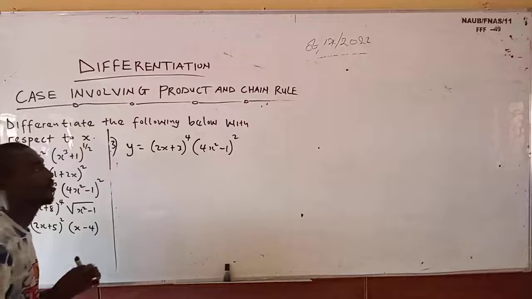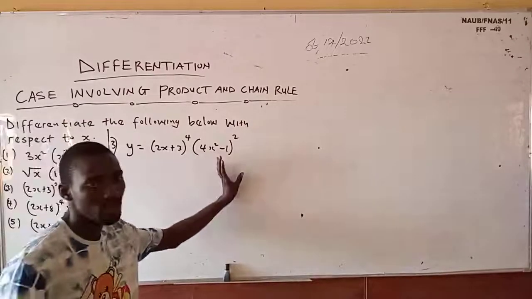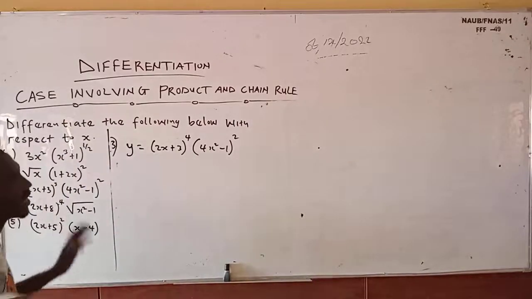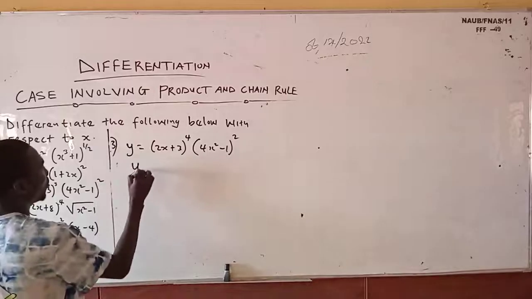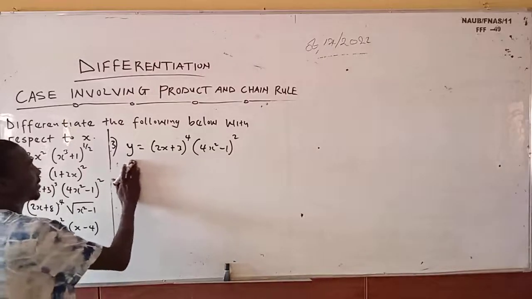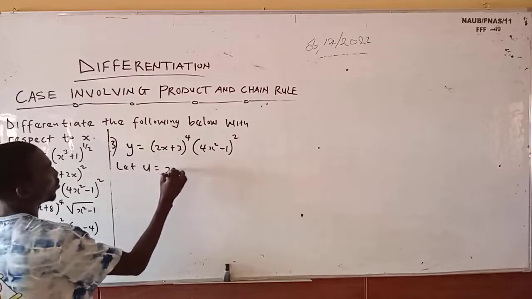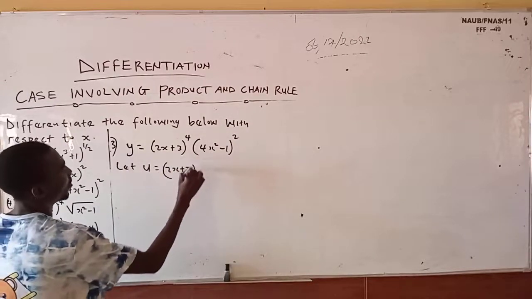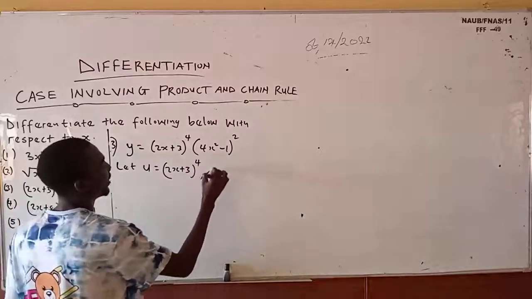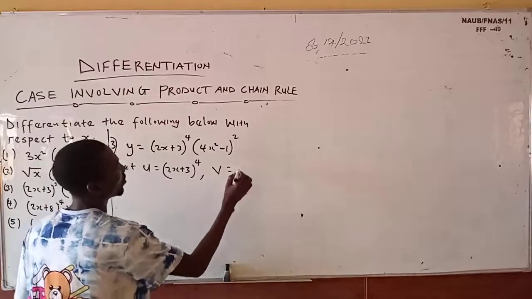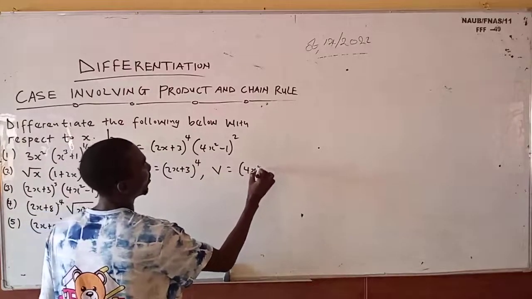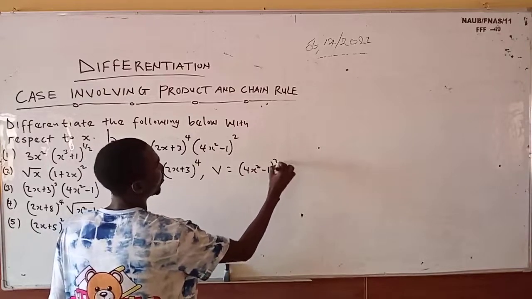Now, you know this one is multiplying this one. That is product rule. Automatically, that is product rule. So it means let u equals 2s plus 3 all to the power of 4, and v should be equals to 4s squared minus 1 all squared.